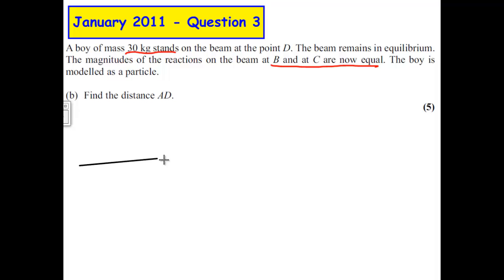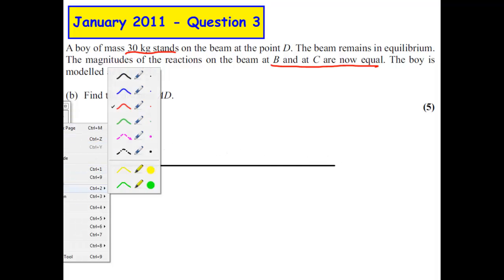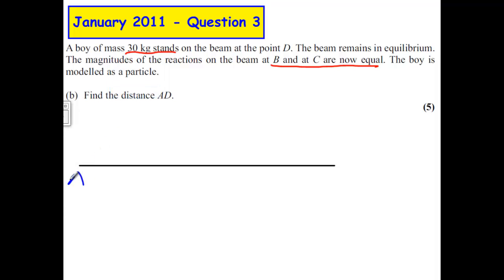to avoid making mistakes. So drawing my beam again, it goes from A on the left hand side to B on the right hand side. I have a support at C and a support at B, and this distance, remember, is 1 meter.